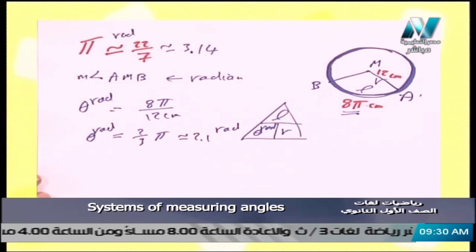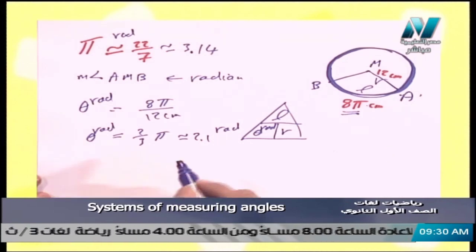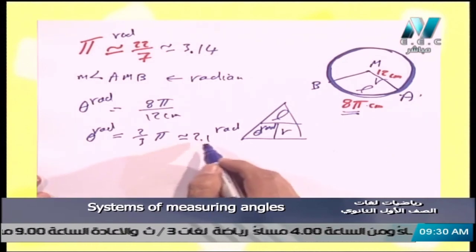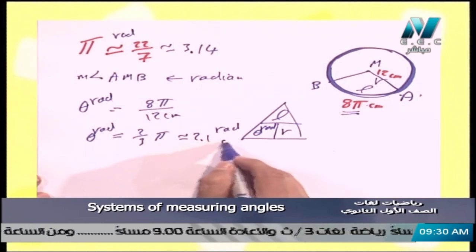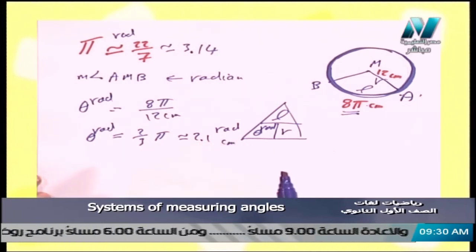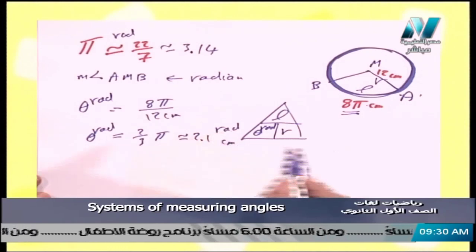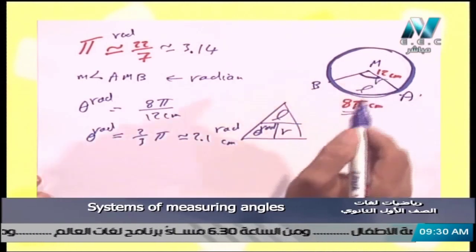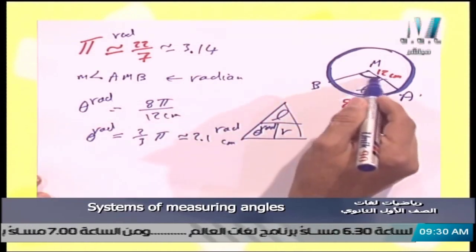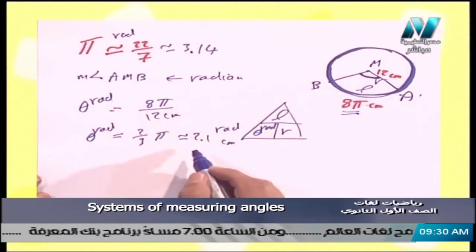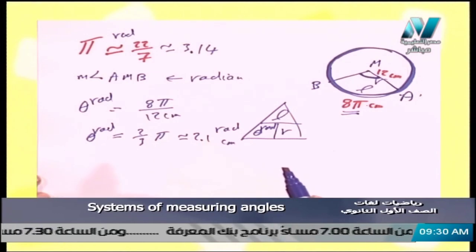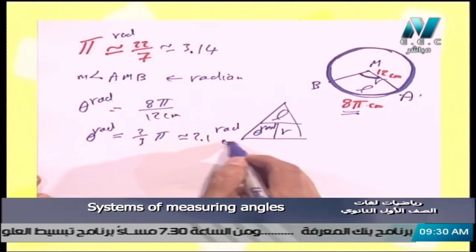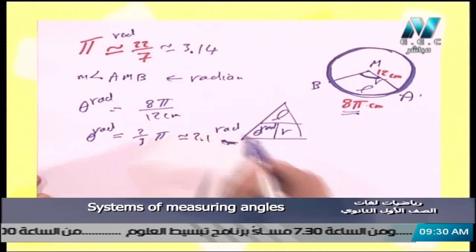Okay, by the way, here we can go with centimeters or meters. So 2.1 rad means this angle in radian equals about 2.1 rad.